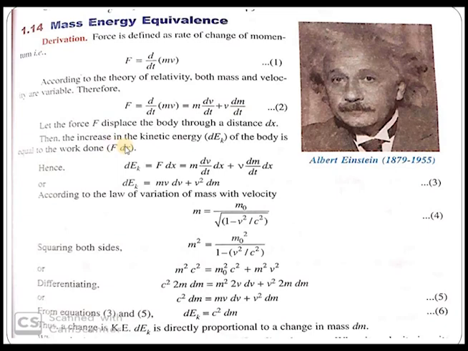This work done is stored as the kinetic energy dEk. So dEk is equal to F into dx, and F is m into dv by dt plus v into dm by dt, into dx. So I can write it as m into dv by dt into dx plus v into dm by dt into dx.